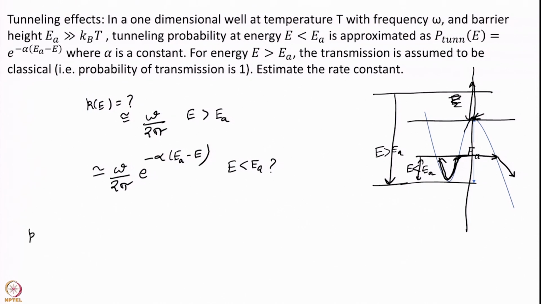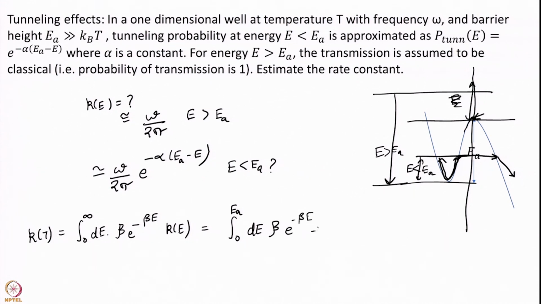So, K of t then becomes the integral from 0 to infinity dE, rho of E, which we showed is beta e to the power of minus beta E, into K of E. Now, K of E is divided into 0 to Ea, into omega over 2 pi e to the power of minus alpha Ea minus E, plus Ea to infinity dE beta e to the power of minus beta E omega over 2 pi.